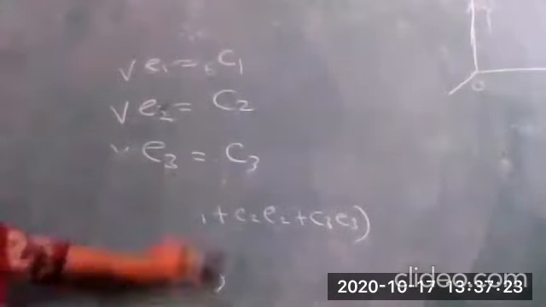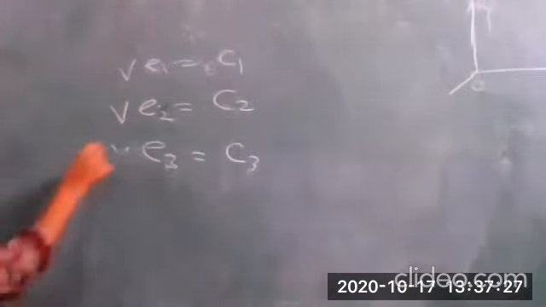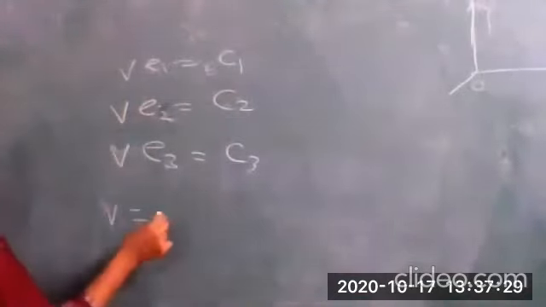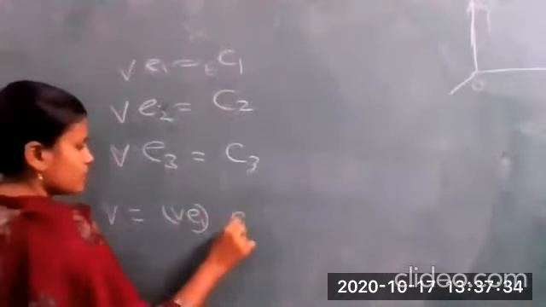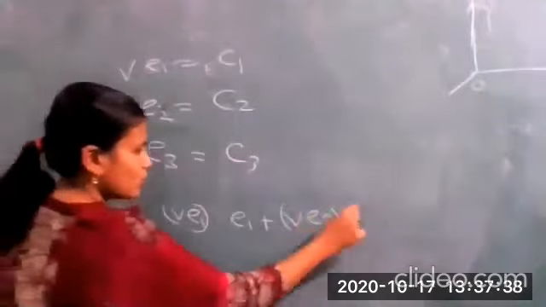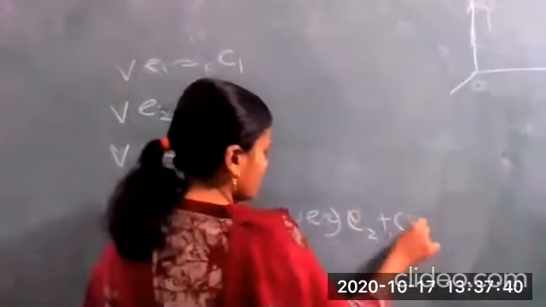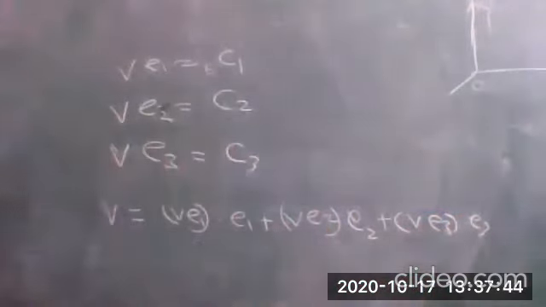C1 is V1, C2 is V2 and C3 is V3. Just put it in the above equation. So we get V1 dot product with E1 plus V2 dot product with E2 and then V3 dot product with E3, and hence the result.